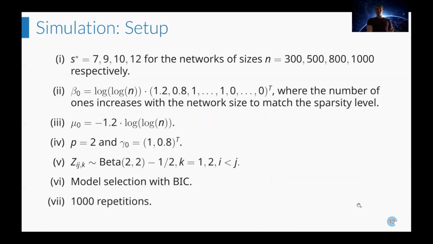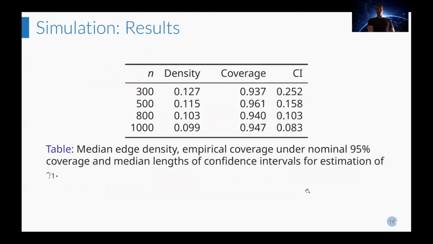These results are also corroborated by our simulations. Feel free to pause the video here again to read through our simulation setup. Essentially, we have increasing sparsity, different network sizes, parameter values that are increasing with n. N is the number of nodes in our network, and mu going to minus infinity, and covariate dimension of 2. And if we look at the results, we see that the edge density is indeed quite small, which is what we want.